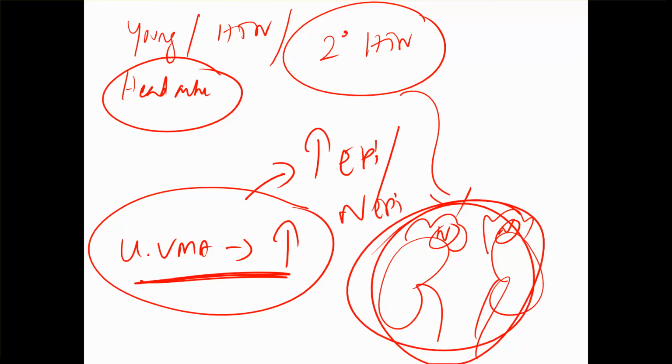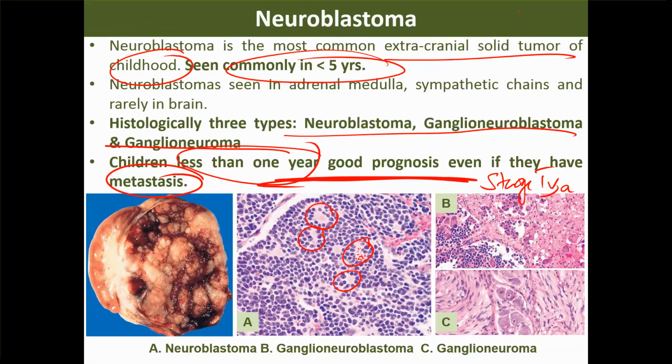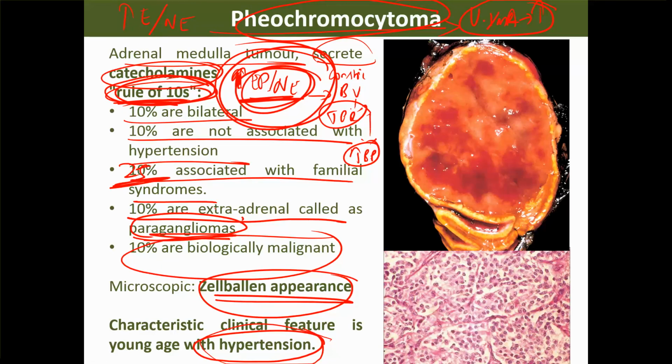Immediately what you have to do is imaging. For example, this is the vertebra. You have to search the paravertebral region for any tumor, or in the person's neck, to know whether it is an extra-adrenal paraganglioma. That is the clue.